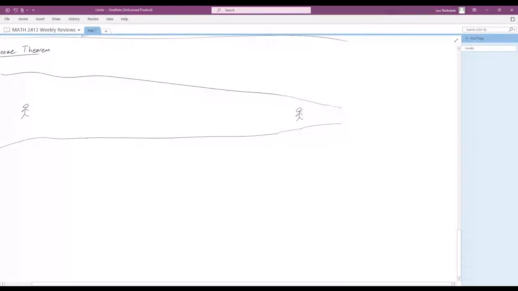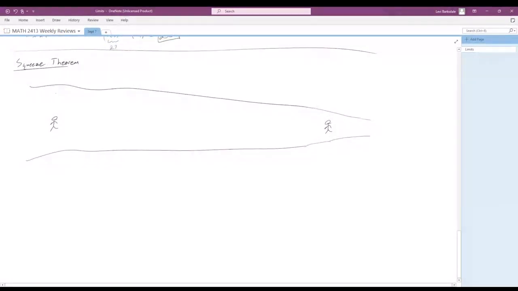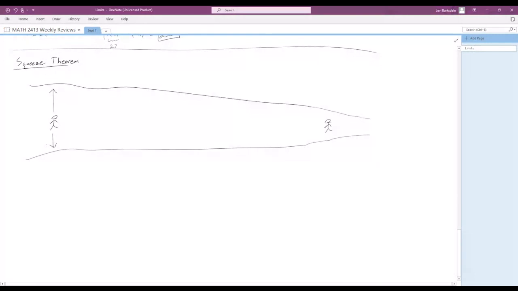We can't say exactly where they are height-wise, vertically up or down within the canyon. But we do know that wherever they are, they have to be between the walls, because they have to stay in the canyon. They can't just climb out. So the closer the canyon walls are, the more we know about their position. Well, that's kind of the intuition behind Squeeze Theorem.